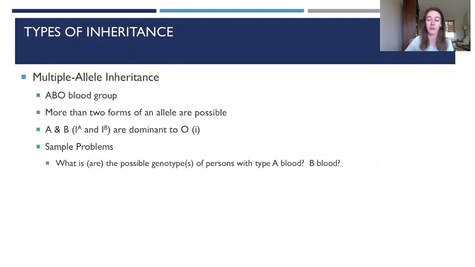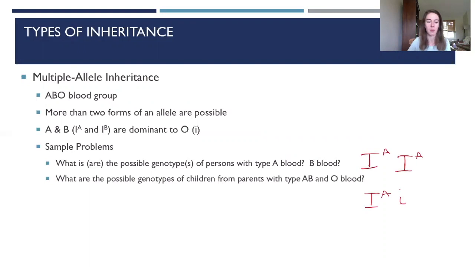Well, they can either have two A alleles, or they can have an A allele and an O allele, because the A allele is going to cover up the O allele. So it could look like this, two A's, or they could have an A and an O allele.